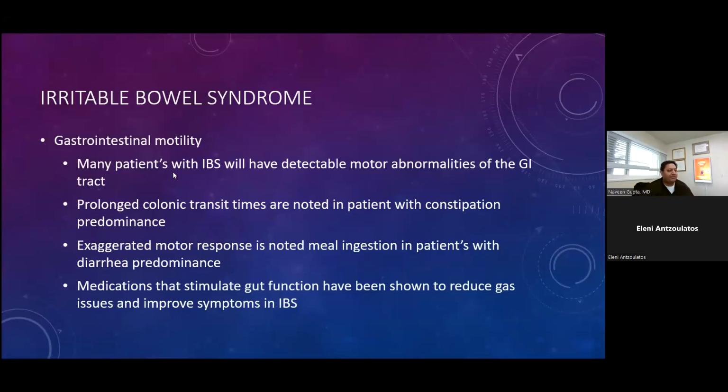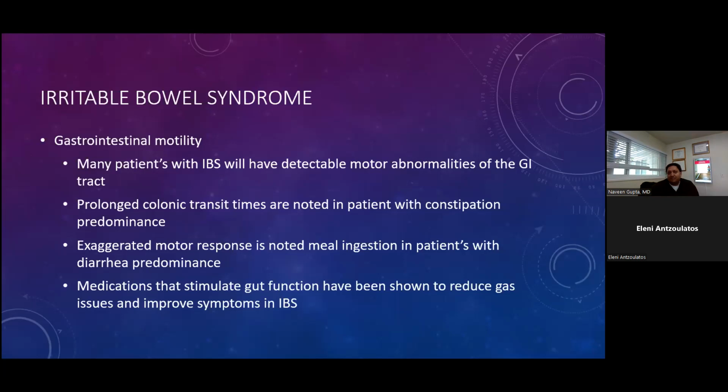All right. So back to the topic. I think you should be able to see the talk again. So the first step is gastrointestinal motility. Most patients with irritable bowel syndrome, if you study how long it takes to get from point A, the mouth, to point B, the rectum, will have alterations.